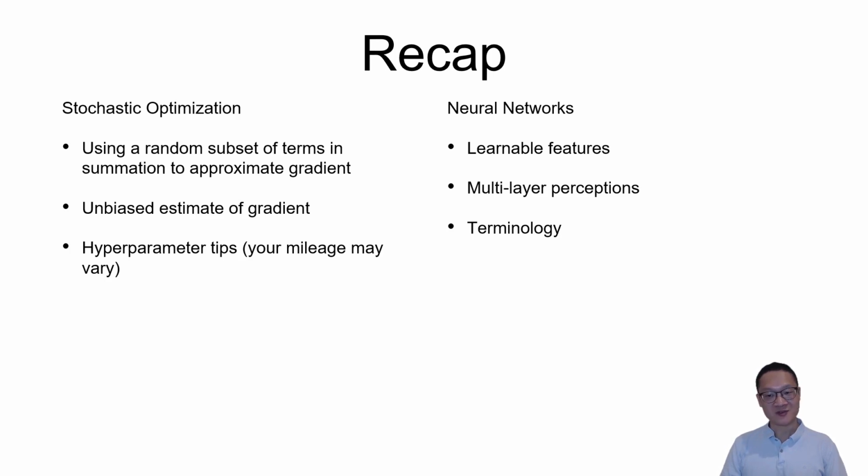In the learnable feature, the input is still going to be x, so we can again replace x in there with another learnable feature. Then we have many layers of these learnable features. That led to the simplest type of neural network, which is the multi-layer perceptron. We also went over a bit of terminology. So today we're going to go really deep into neural networks.